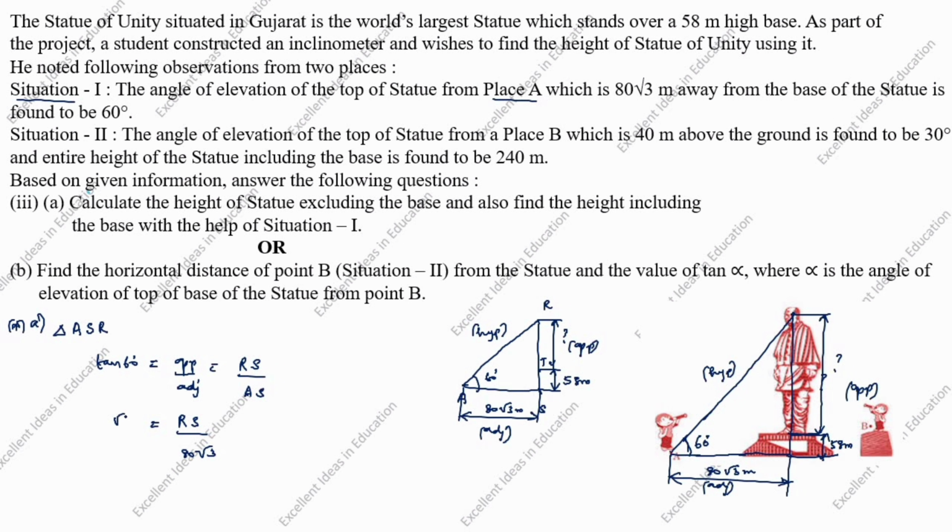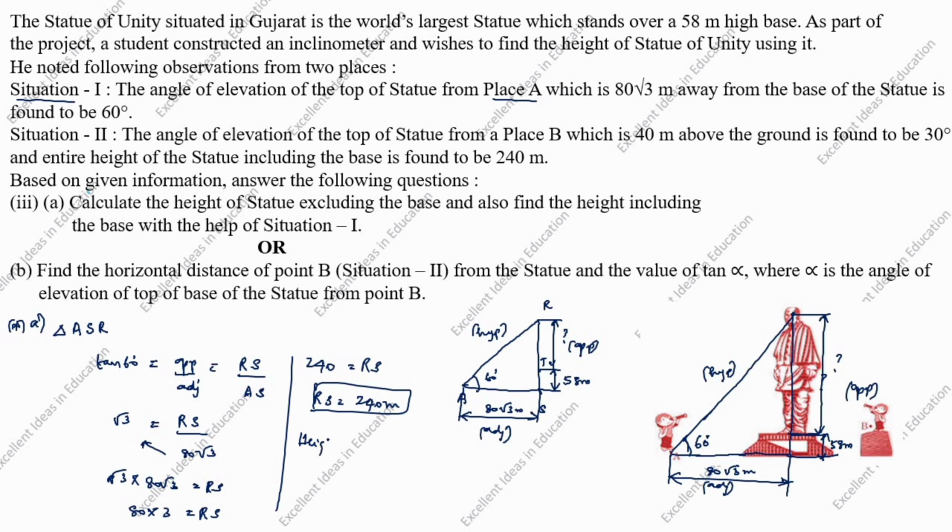Tan 60 degrees is root 3, so root 3 into 80 root 3 is equal to RS. 80 into root 3 times root 3 is 3, so 80 into 3 is 240, equal to RS. RS value is 240 meter.